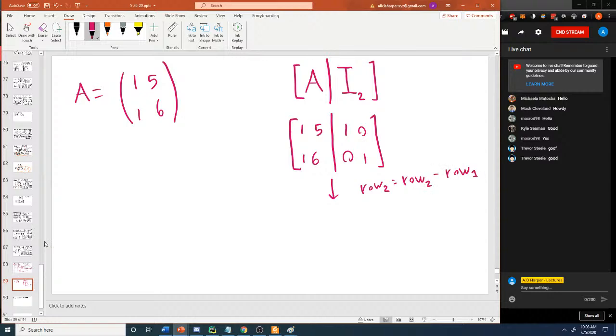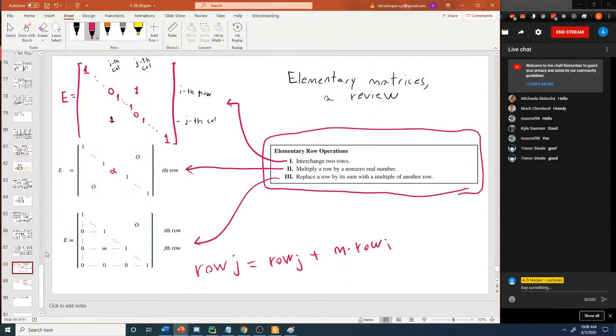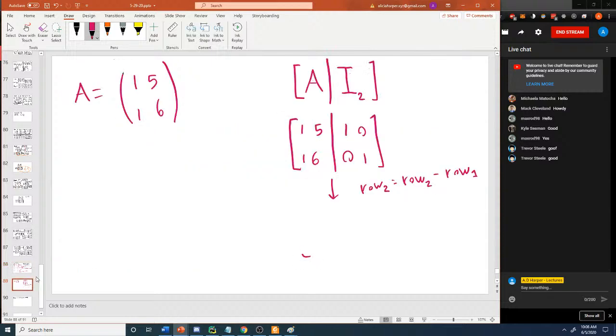This corresponds to multiplying this matrix and this matrix by a matrix of this form. If I do that, then I'm precisely going to get 1, 5, 1, 0 for the top row, and 0, 1, negative 1, 1 for the bottom row.